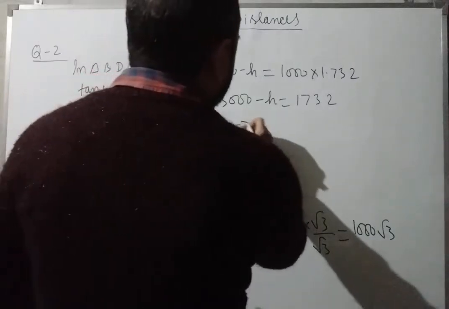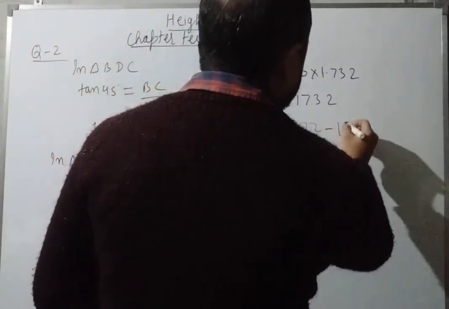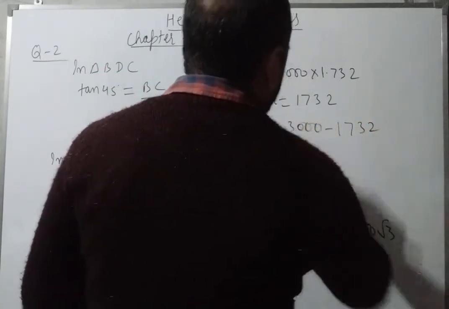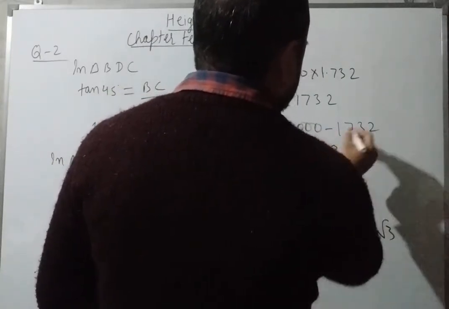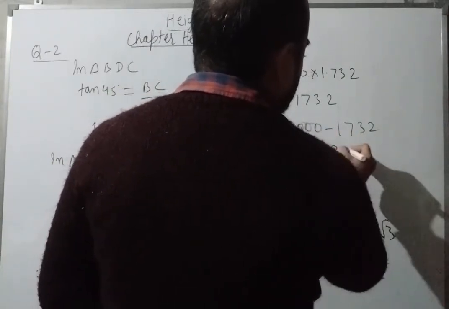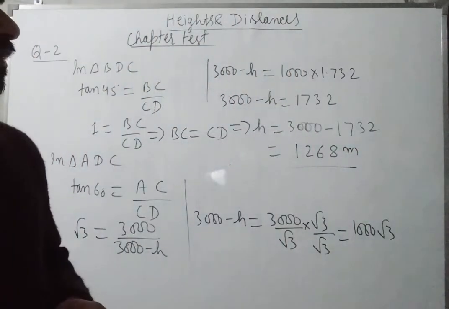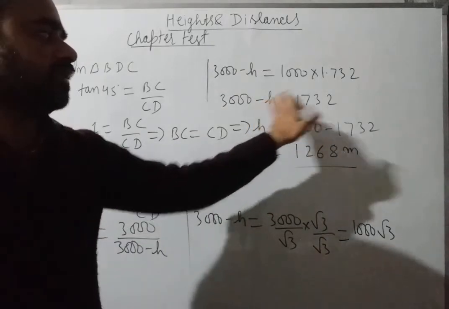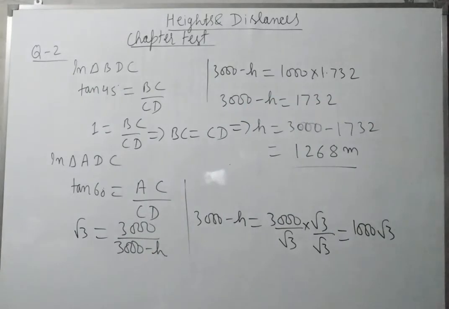So H will be 3000 minus 1732. Okay. So finally this will be 1268 meter. Okay, so this is the vertical H distance, this is the final answer.